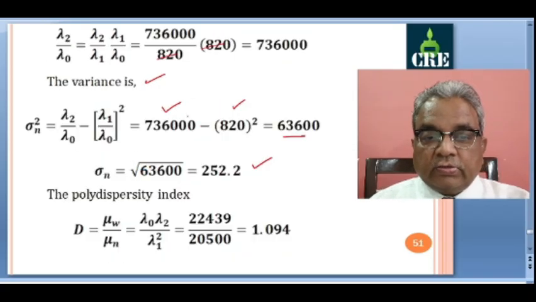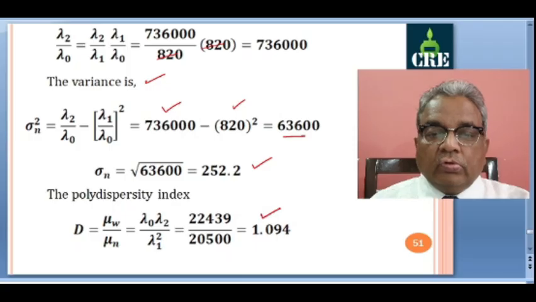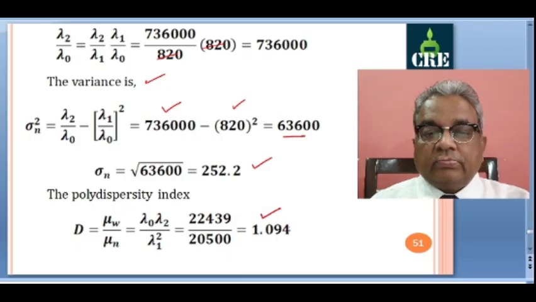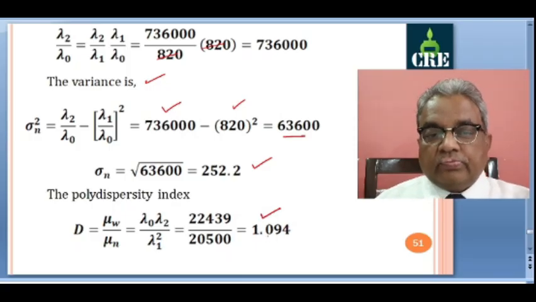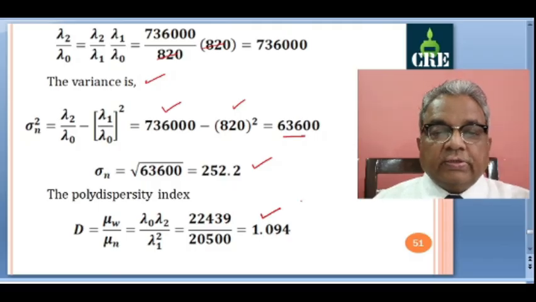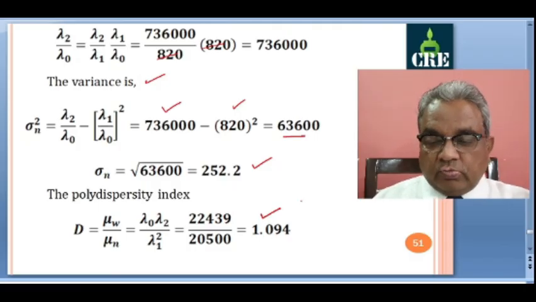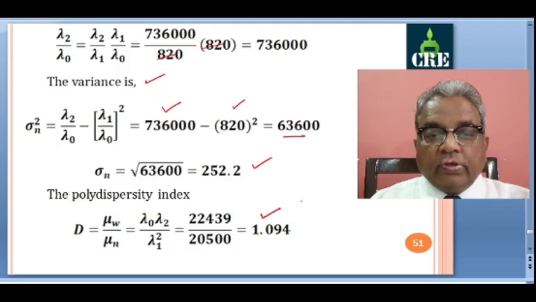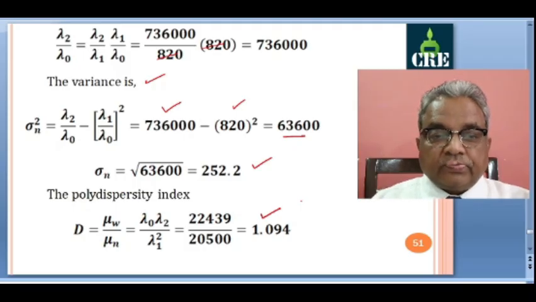If I write this, it is 1.094. So it is nearing 1, just greater than 1, approximately 1.1. So there is a very narrow distribution in this case.